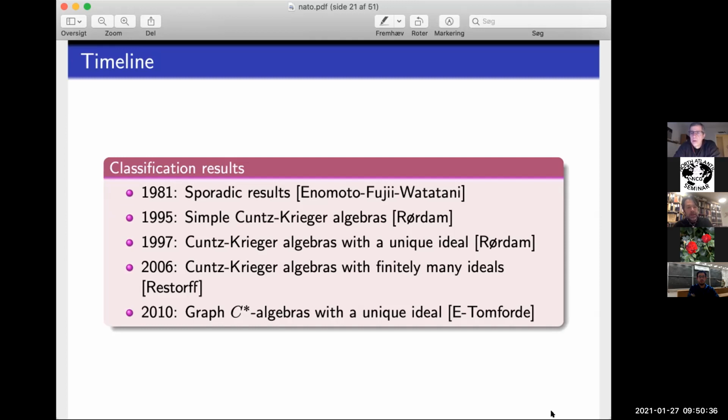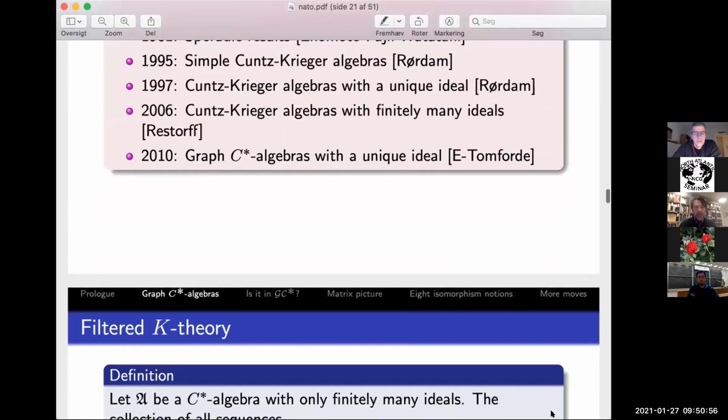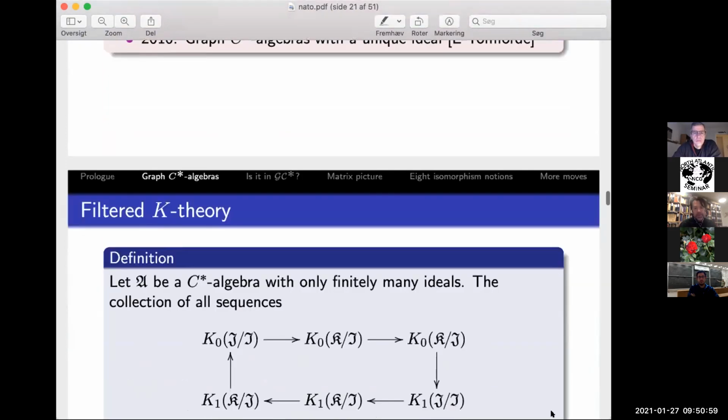And then Gunnar Restorff, who was then my student, could do all the finitely many ideals. And I, a little bit accidentally, did the first classification result with Mark Tomforde on trying to classify non-simple graph C-star algebras. We could only do the unique ideal case, so we didn't get very far. And this was only stably isomorphic.